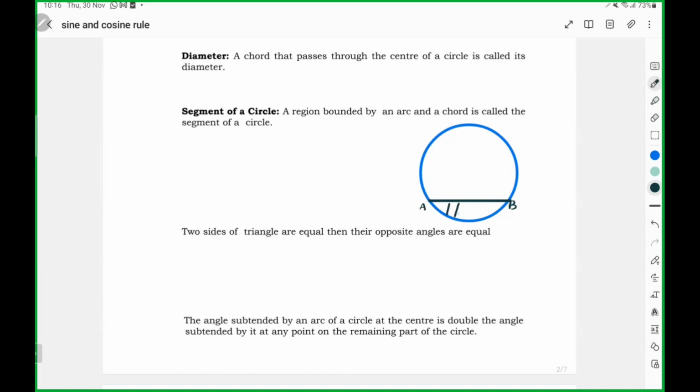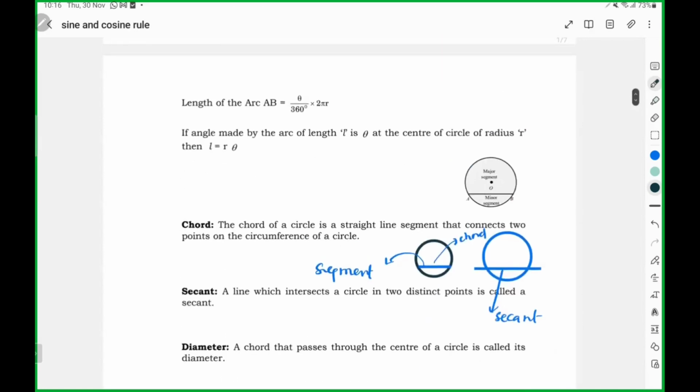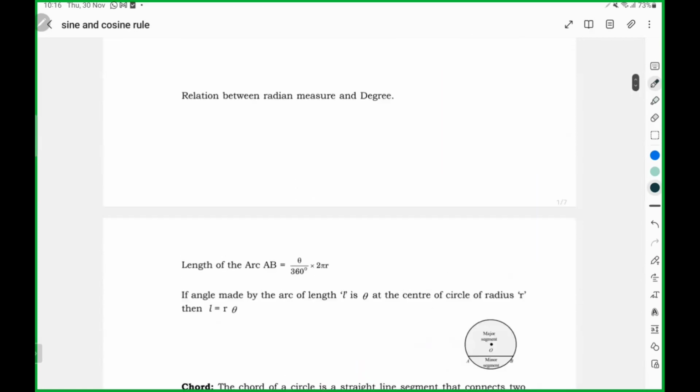So the smaller part is the minor segment, and this bigger part is called the major segment.